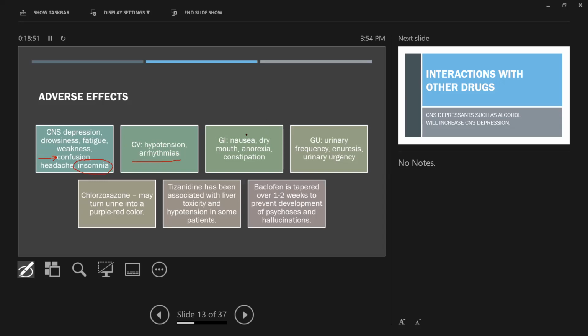Some of these drugs have anticholinergic effects, so they may cause nausea, dry mouth, anorexia, constipation. They can make constipation a lot worse. They can also cause bladder retention. So that's your one here. You can get urinary frequency in some cases, urinary urgency, enuresis, or nocturia or something like that.